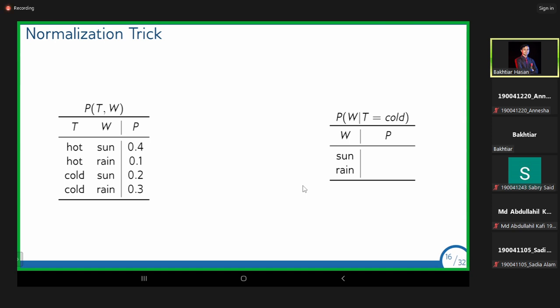We compute that using the definition of conditional probability. First, we calculate the probability of sun given cold. To calculate the distribution, we consider: what is the probability that the weather will be sunny given the temperature is cold? That is equal to this one.